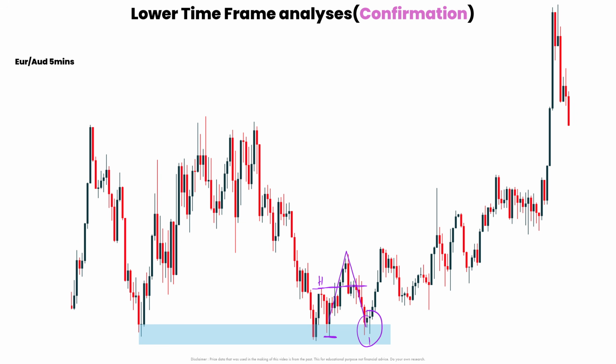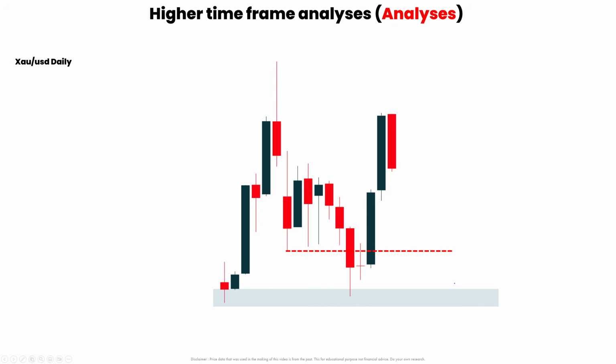You can clearly see that we have this rejection here, which you can take this trade to the upside. Okay, and even in this area here, you can clearly see that we have this area, and then you move to the upside. This is a rejection. Okay, let's look at another example here.